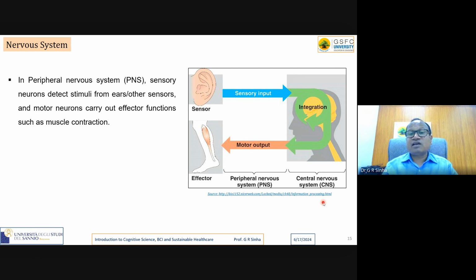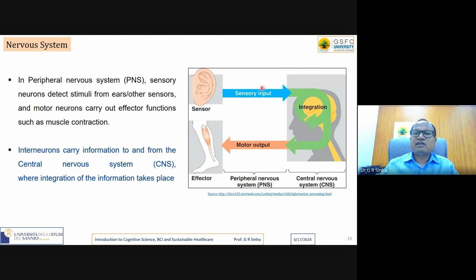The nervous system is basically, you see here, this is a very interesting picture. Look here. There is a sensory organ, there is an effector. So from your sensory organs, sensory input is received by the human brain, that is integrated, and then it produces a certain motor task, motor output. I have already explained how it generates the motor output.